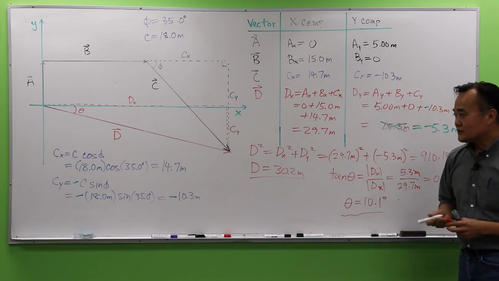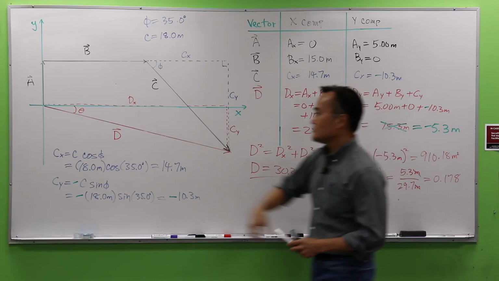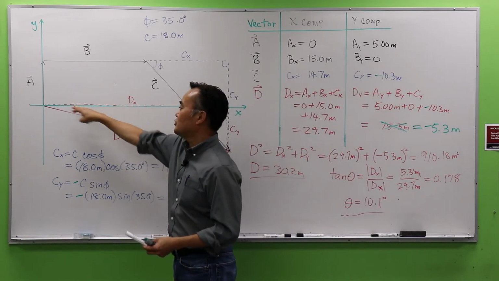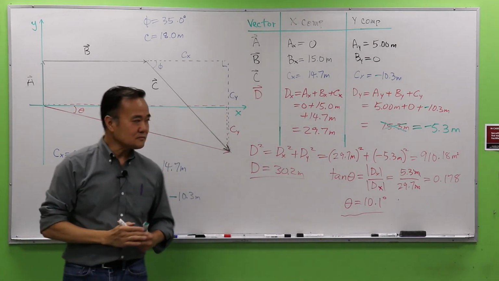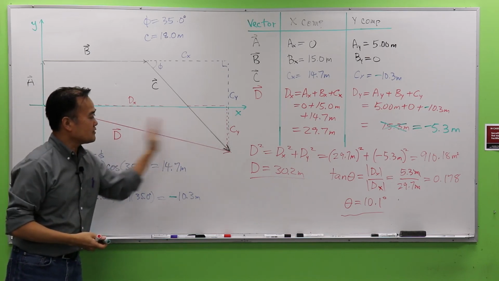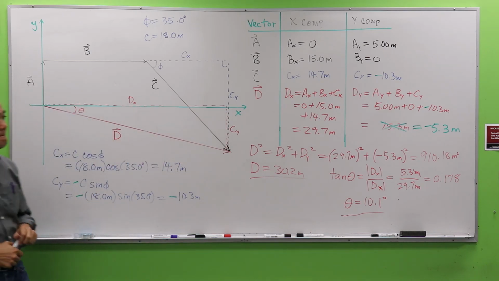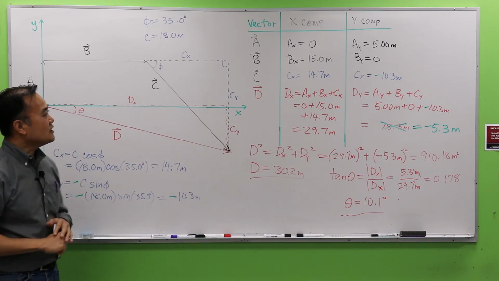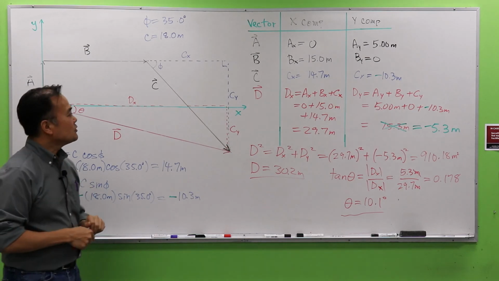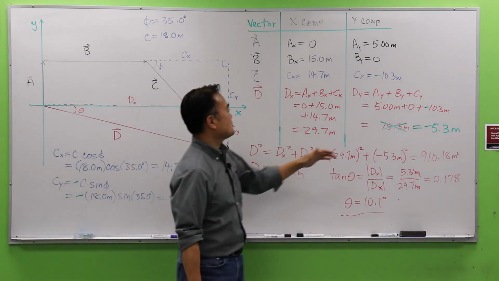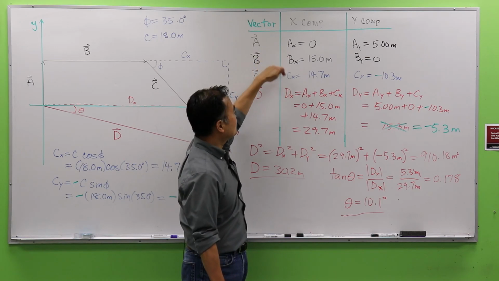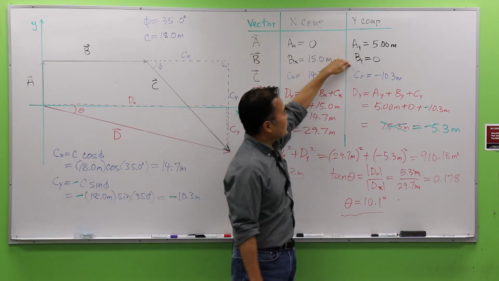Okay. So that's the angle, this angle. And it does look like a pretty sharp, small angle. Okay. And its length is 30.2 meters. Okay, so just to recap, we were able to add three vectors at once by adding the x components together and all the y components together.